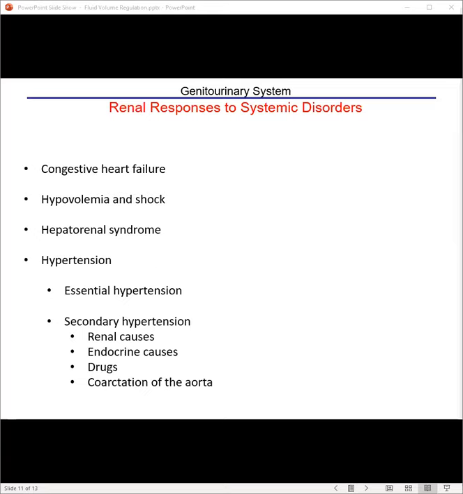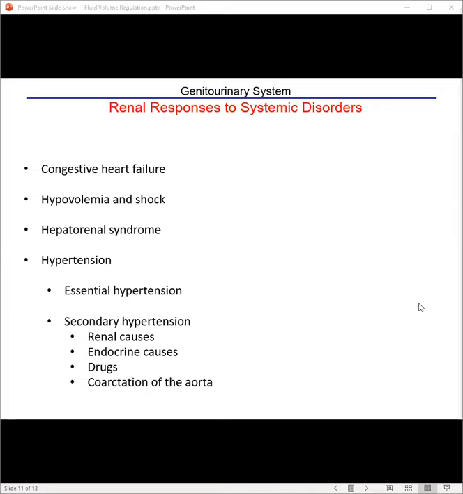Now, your kidney influences blood pressure by regulating the ECF. And they also release what we call vasoactive substances. These are vasoconstrictors like angiotensin 2 and vasodilators, prostaglandins, for instance. So your renal autoregulation maintains renal function despite variations in systolic blood pressure. Any changes in the ECF will affect your blood pressure.